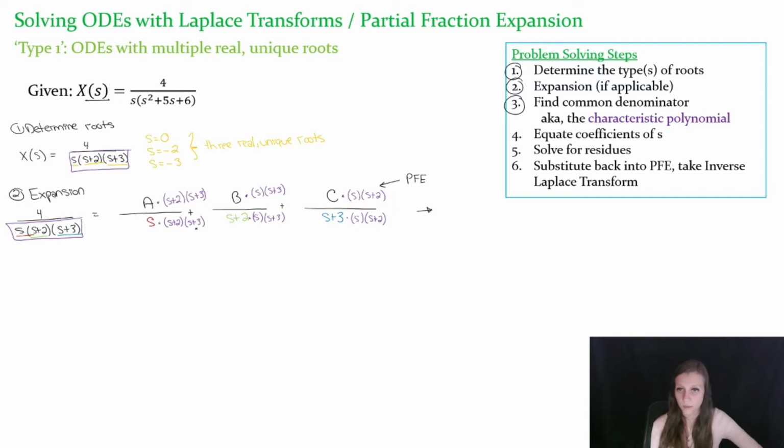Now I can combine all of the numerators on the right-hand side because they all have a common denominator now.